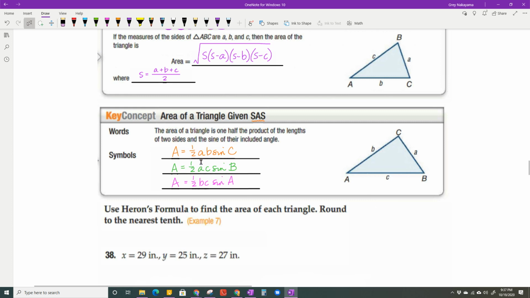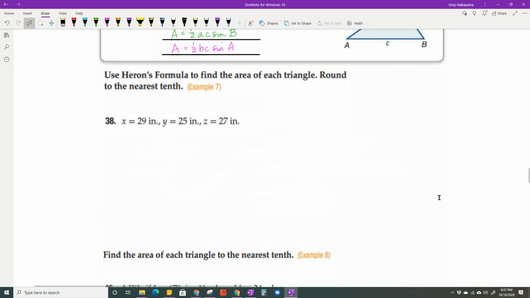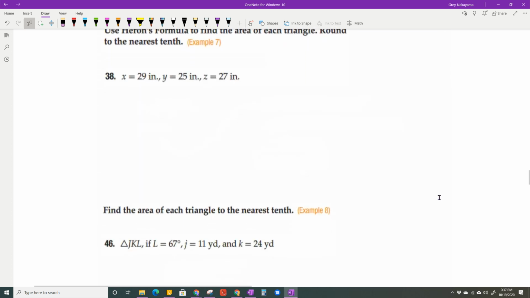What really matters is that every one of these has 3 different letters. So if I have big C, I have little a and b, and big C is in between little a and b, as you can see over here on the triangle. So you'll have those formulas available to you. Just make sure you know how to use them.